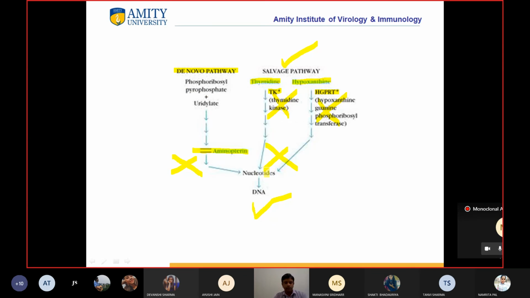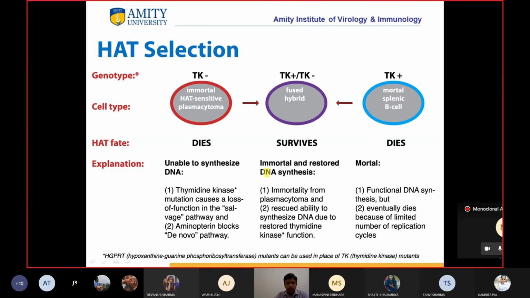Students, clear? Yes, sir. Now, coming to the most important part. Just see here, it's written TK minus, and this is TK plus. TK minus means that the gene for this is not present, or it is mutated.